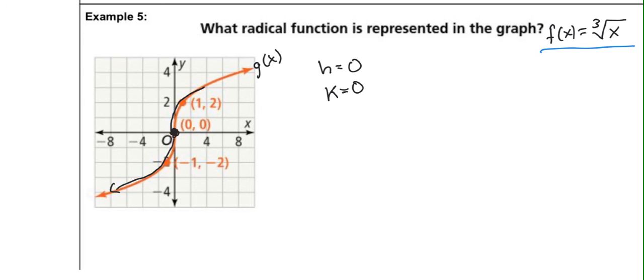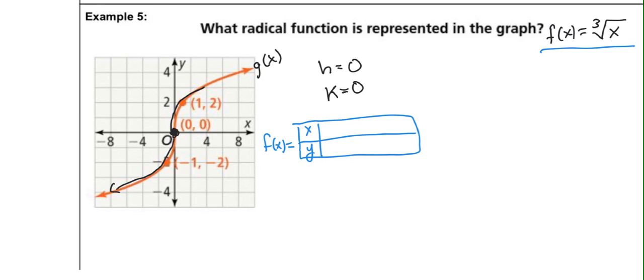All right, so our parent function for the cubic, okay, so f of x, I'm just representing f of x as my parent function. All right, we know (0, 0) is on it. We also know we should get (1, 1) because the cube root of 1 is 1.